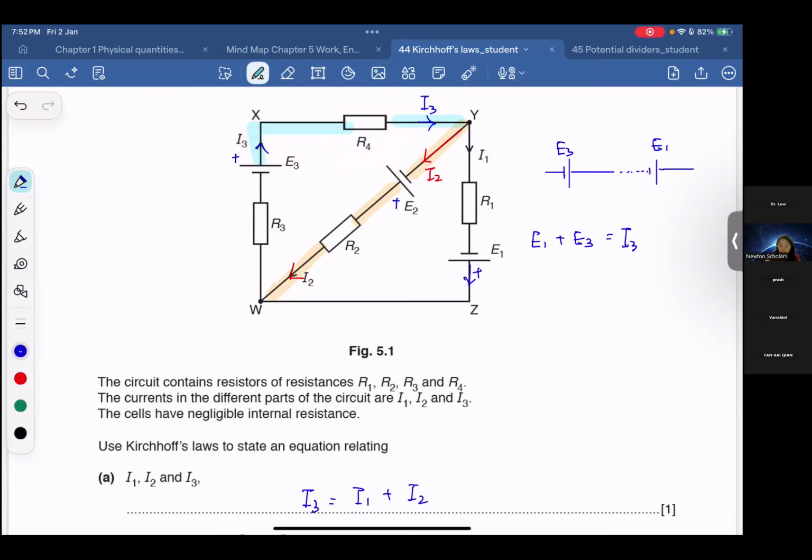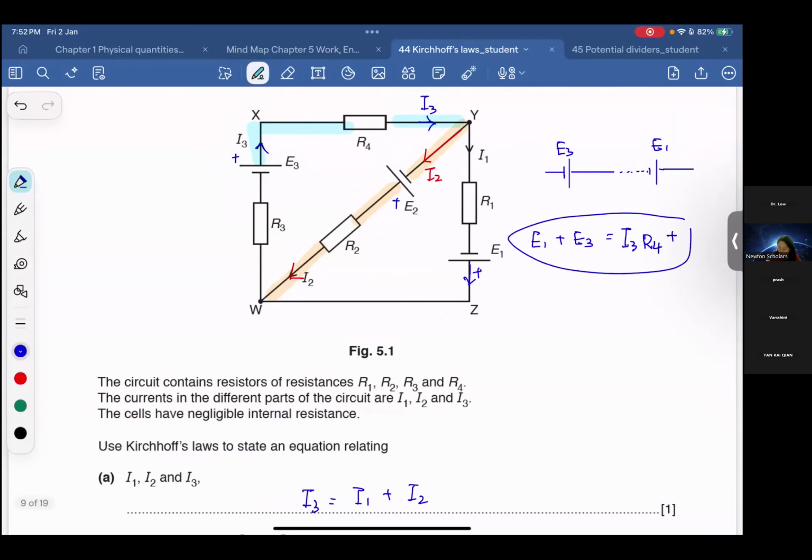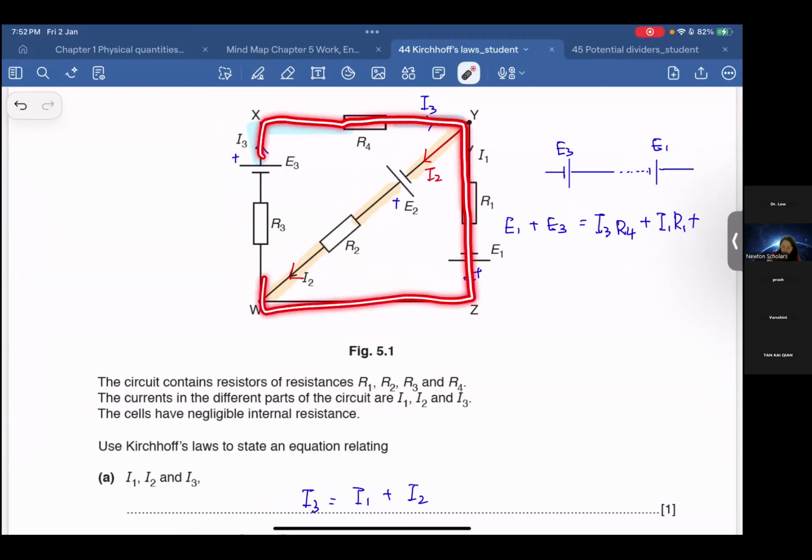So I3 R4, plus, then come here, R1, current is I1, so I1 R1, plus, not yet finished. After R4 and R1, going back, we still have R3.